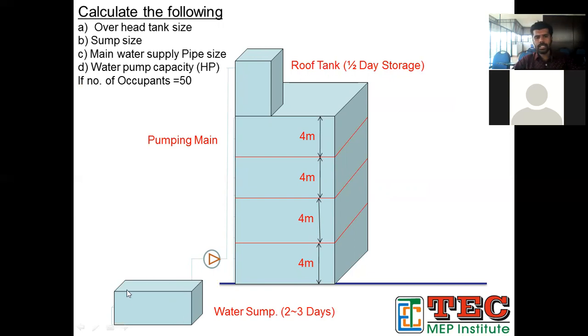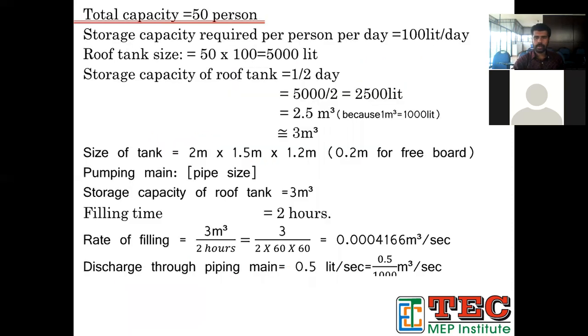Just imagine this is an underground tank, and the size is 1.2. We have already found 2 into 1.5 into 1.2 meter, that is the size of the tank. 2 into 1.5 into 1.2 is the overhead tank, and 1.2 is the overhead tank height.